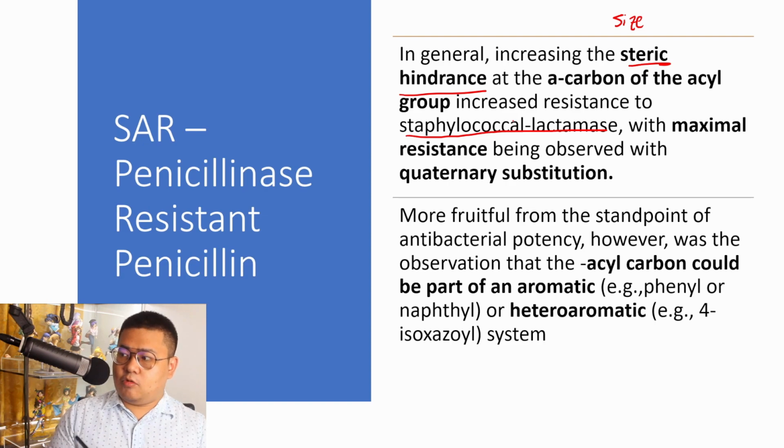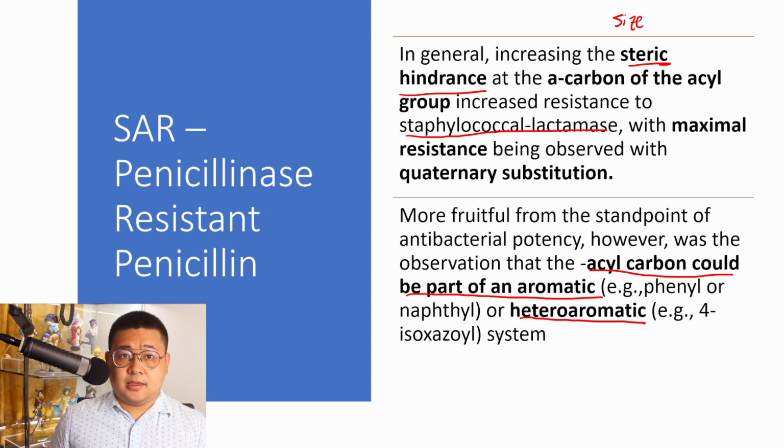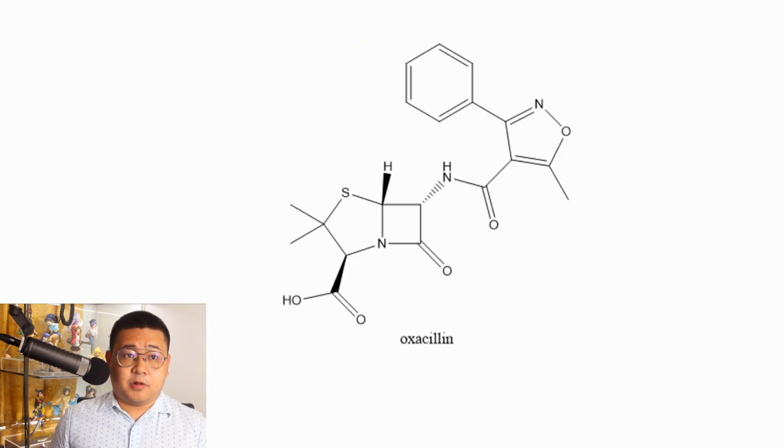And an even more fruitful modification was that if the acyl carbon could be part of an aromatic ring structure, or even a part of a heteroaromatic system. Okay, so let's take a look at the next sample.